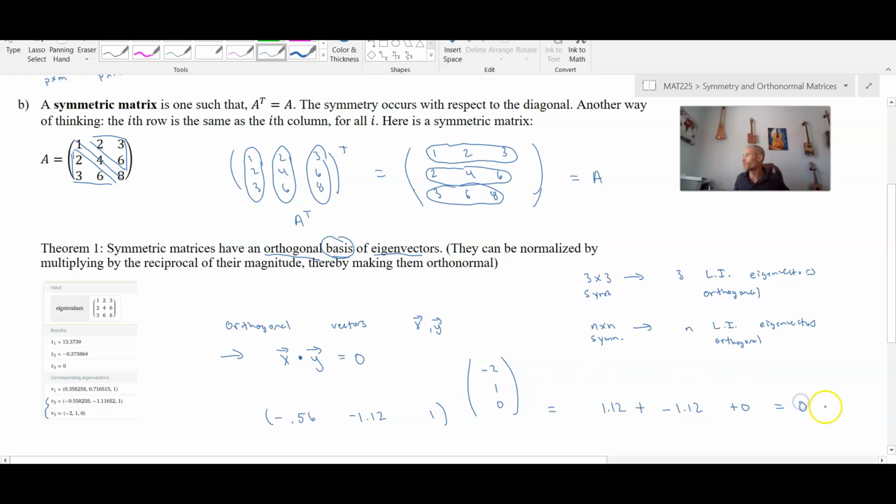Even our approximation gives us a dot product of 0. So we can see that they are orthogonal. We'd of course have to show it for this pair and then for the first and third vectors as well, but that is something you can certainly do if you'd like to verify that.